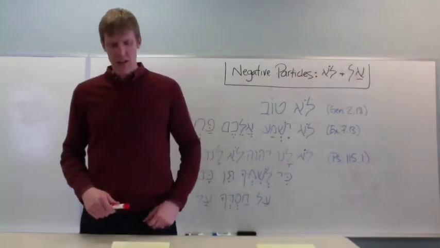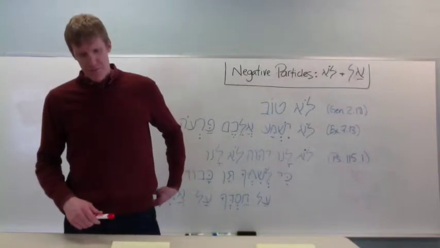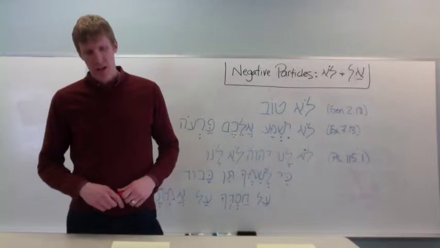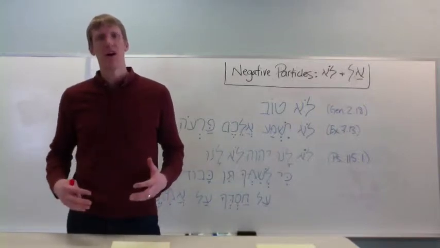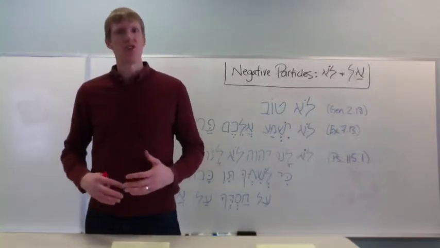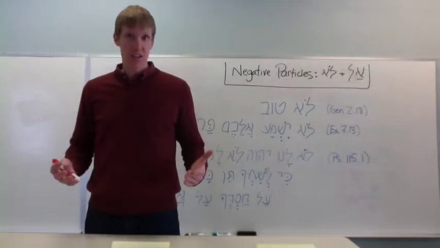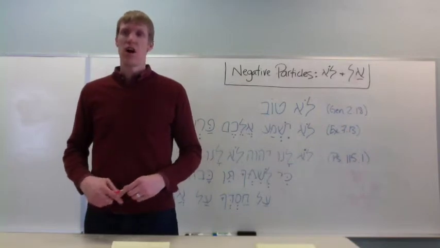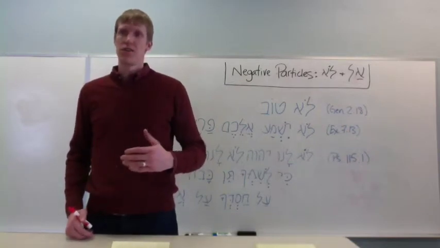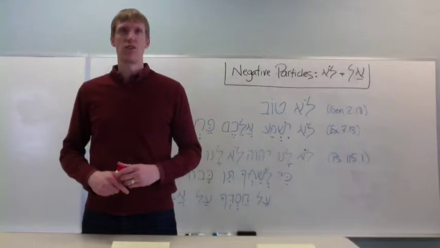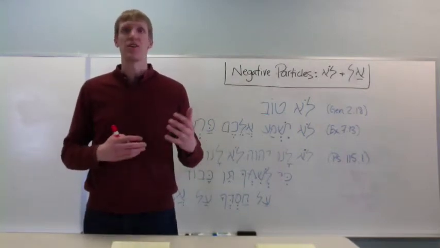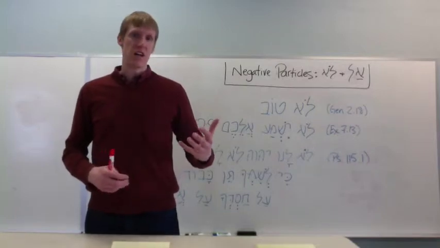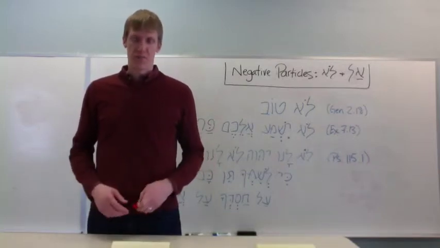But lo and al are the negative particles, and they both communicate just a general negation as a way of saying there is not something. So you could say something is good, and then you could say something is not good, or you could say something is high, and you could say something is not high, or whatever.